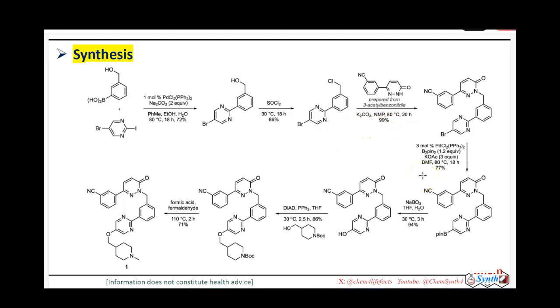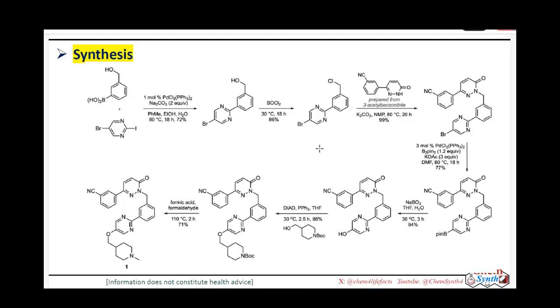These solvents are actually not user friendly, they are toxic solvents. And also you can see the palladium catalyst they have used is at quite a high mole percent, like 1 mole percent, 3 mole percent. That is also not a very desired condition for large scale synthesis of the molecule.